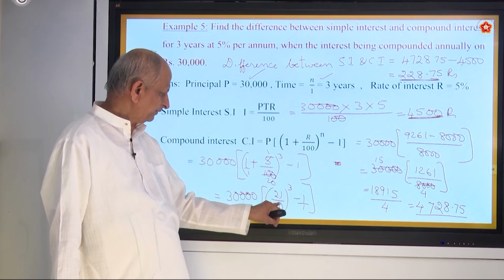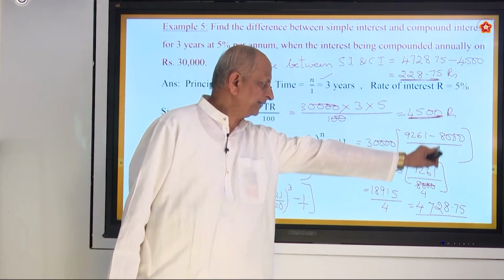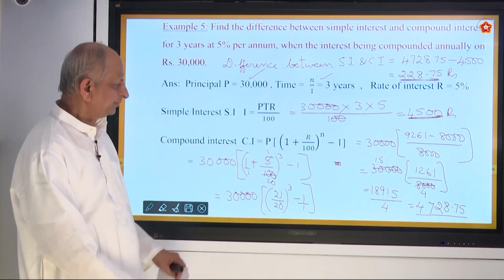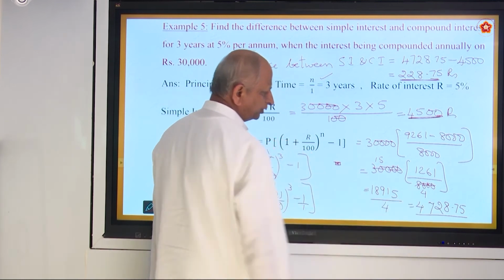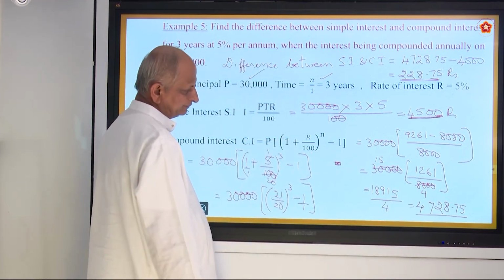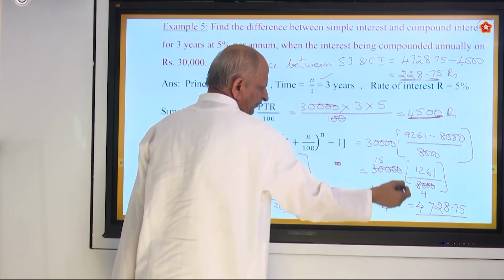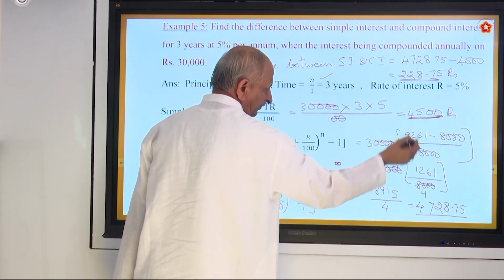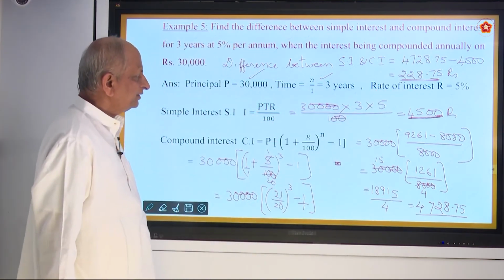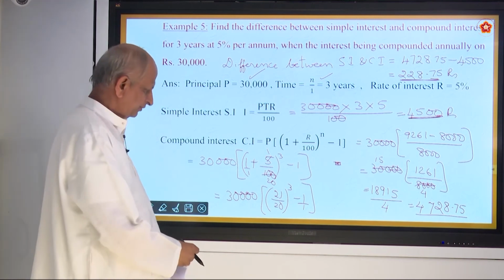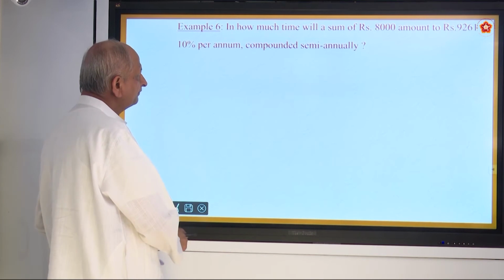Take LCM, (21 by 20) cube minus 1. So this is 9261 minus 8000 by 8000. If you cancel 1000, you get 4728.75. And the difference is, you have to subtract this SI from CI. CI is more always. So that will be 228.75. Okay. Now we will pass on to the next sum.